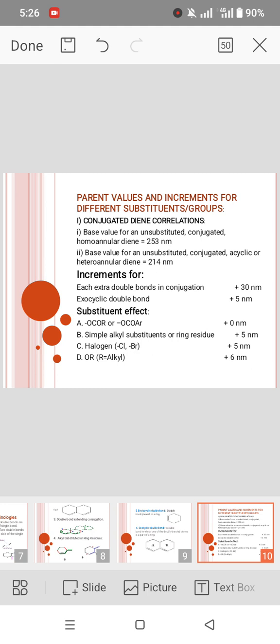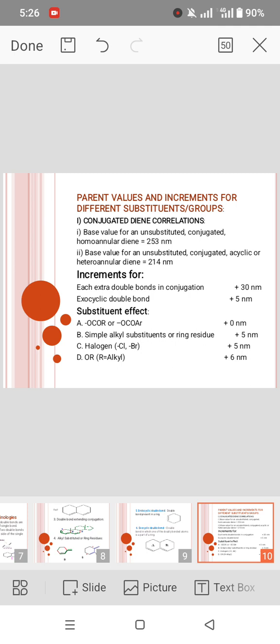And if there is a substituent effect in the diene molecule, then we have to add different values on the basis of the functional group or the substituent attached to the ring. For example, I have the ester group. If I have an ester group attached to the diene molecule, then I have to add 0. There will be no addition in this case.